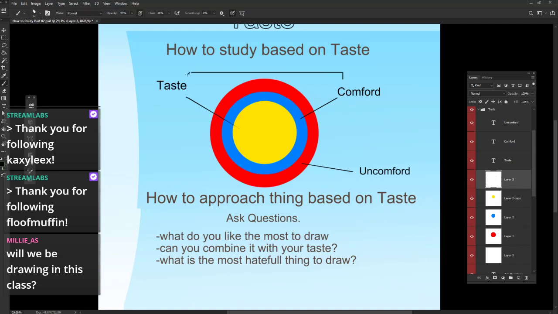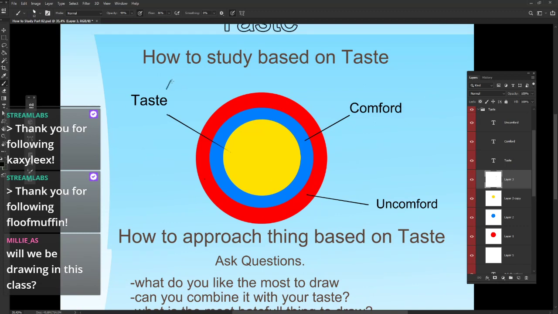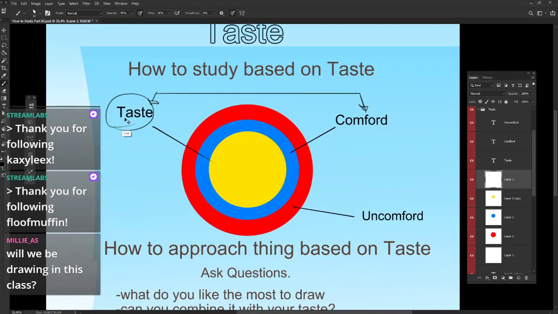So taste plays an important part in our comfort zone. And if you combine these two together, you're a mad lad. You basically have fun if you combine it with your comfort zone.